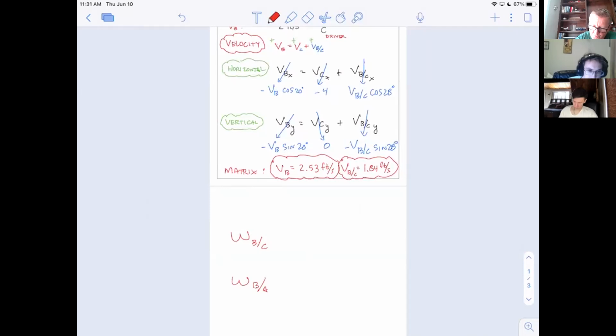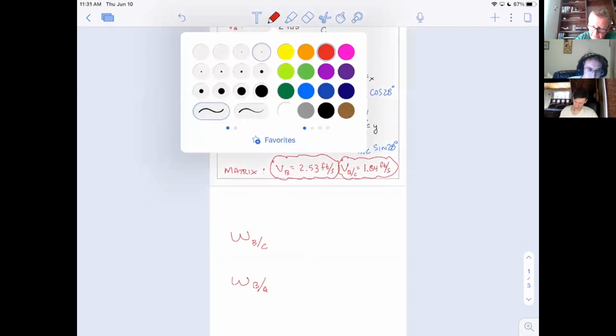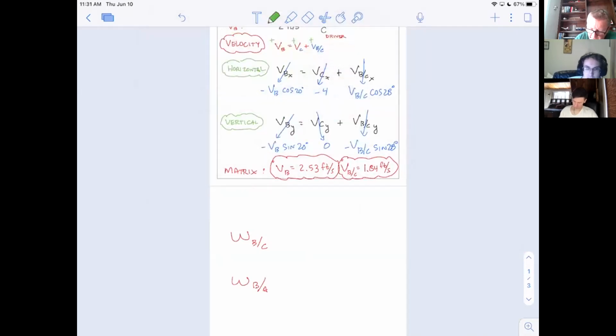And of course, our driving equation for this is the fact that linear velocity is angular velocity multiplied by r. So that would mean that this is the velocity divided by the radius.